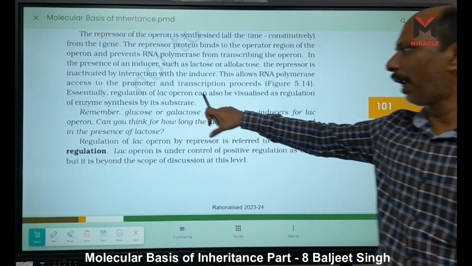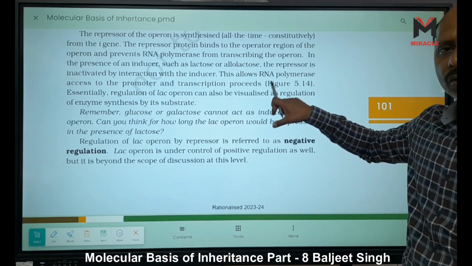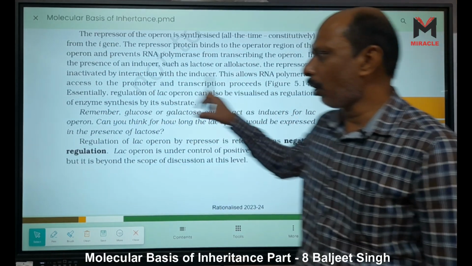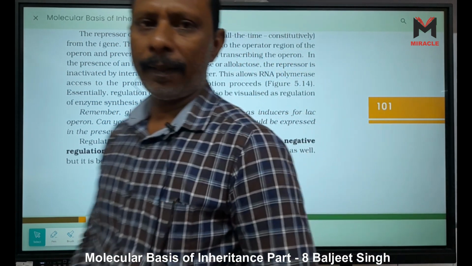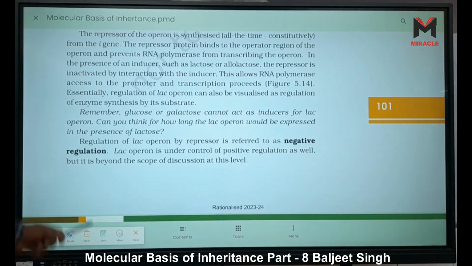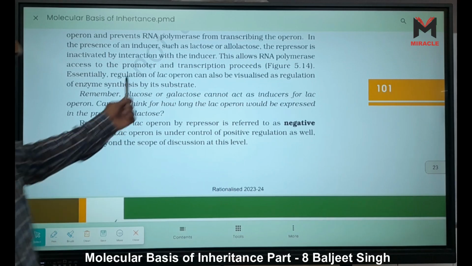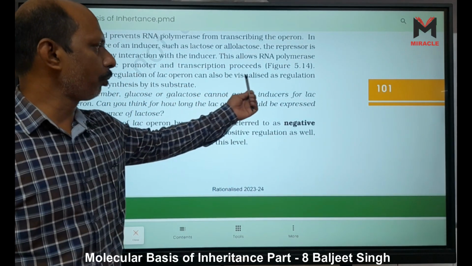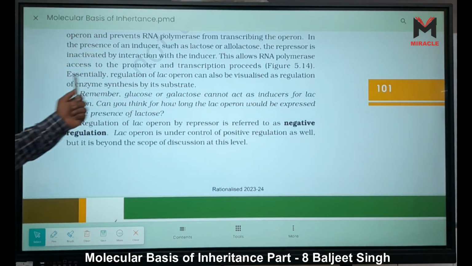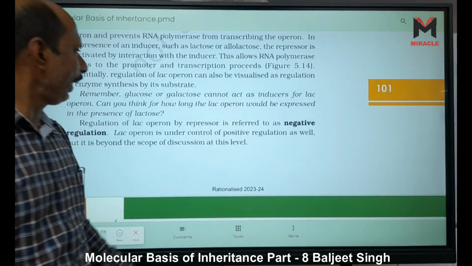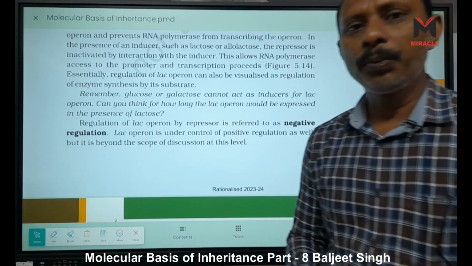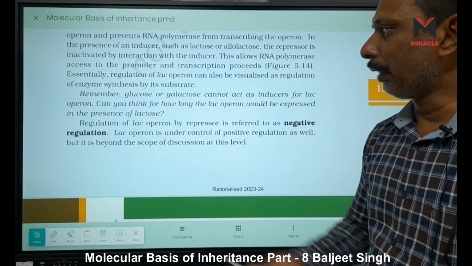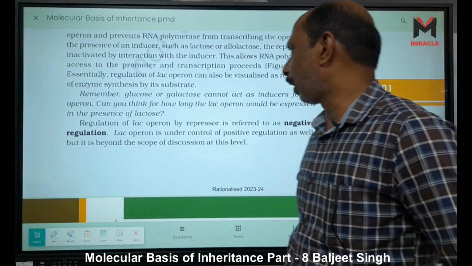Essentially, regulation of the lac operon can also be visualized as the regulation of enzyme synthesis by its substrate, because lactose is a substrate to be digested, and it also regulates the lac operon.